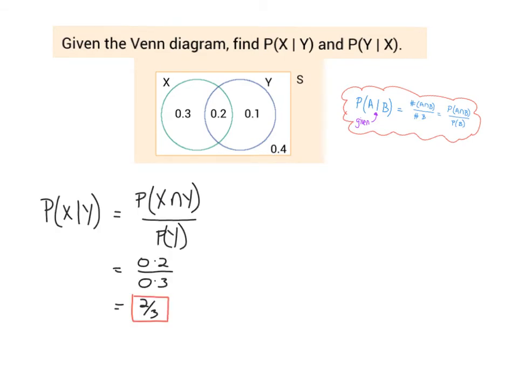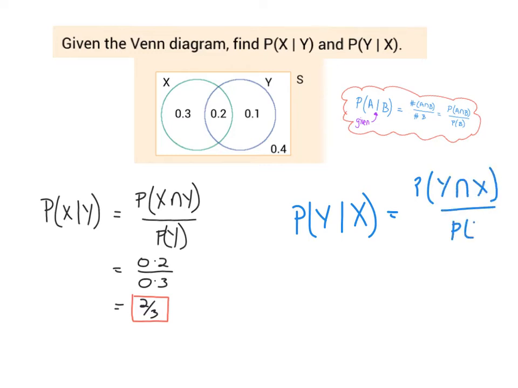And so similarly, P of y given x is going to be the probability of y intersection x all over the probability of x. Here the intersection remains the same, 0.2, and all of x is 0.3 plus 0.2, which is 0.5.